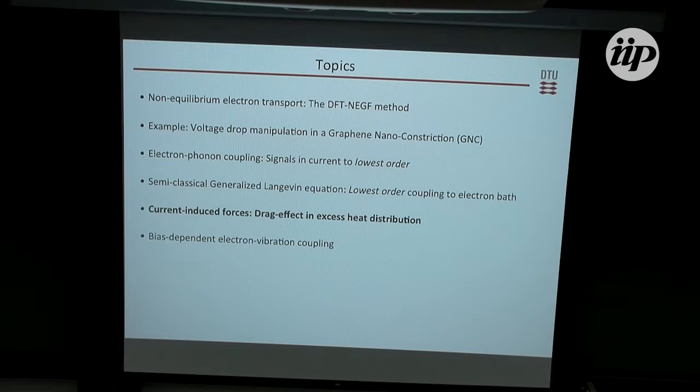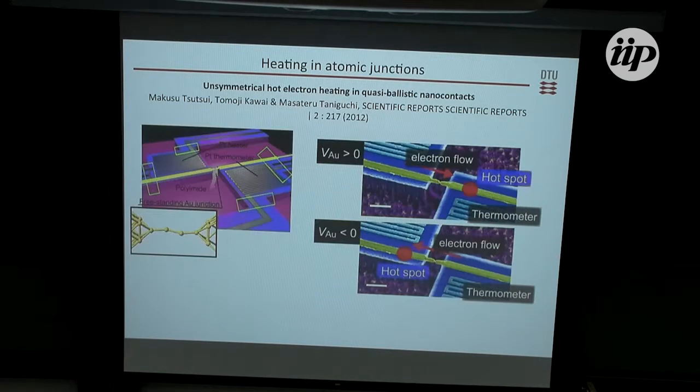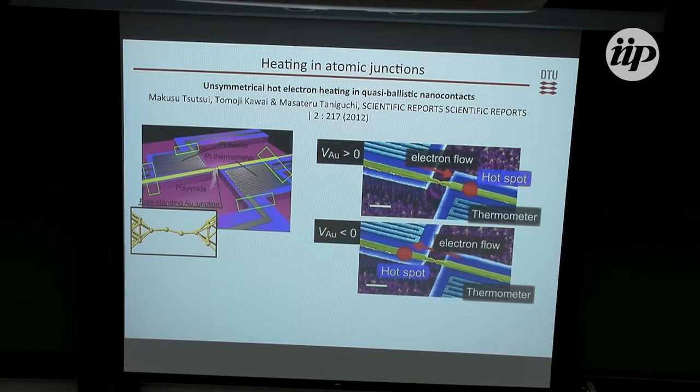Okay, so I'll switch gears a little bit and talk about another way that these current-induced forces manifest themselves. And that is in the excess heat distribution. So this is one experiment. I guess these are very, very difficult to make, but at least it has been possible to go a little bit in that direction.